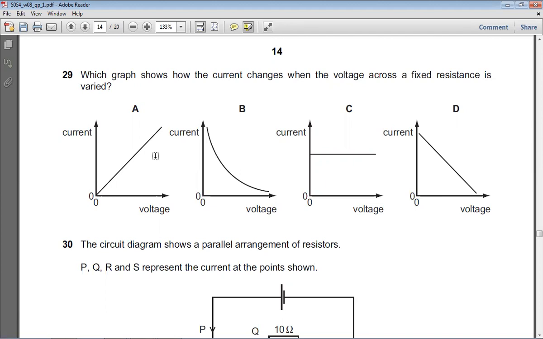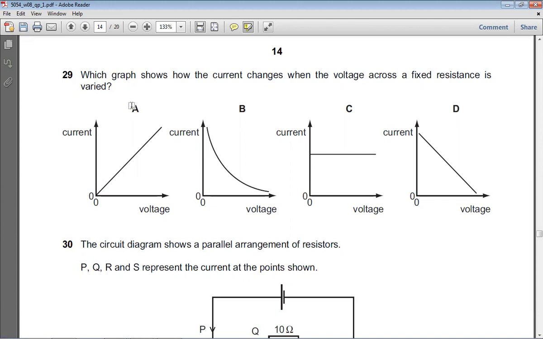So for something whose resistance is constant, the gradient of the IV graph will also be constant. So the graph is an inclined straight line passing through the origin, whose gradient is constant throughout and is not zero, that has a fixed resistance.